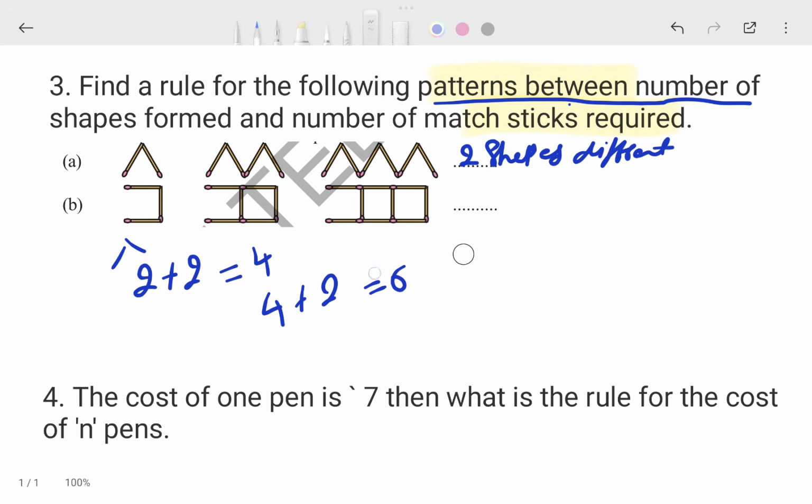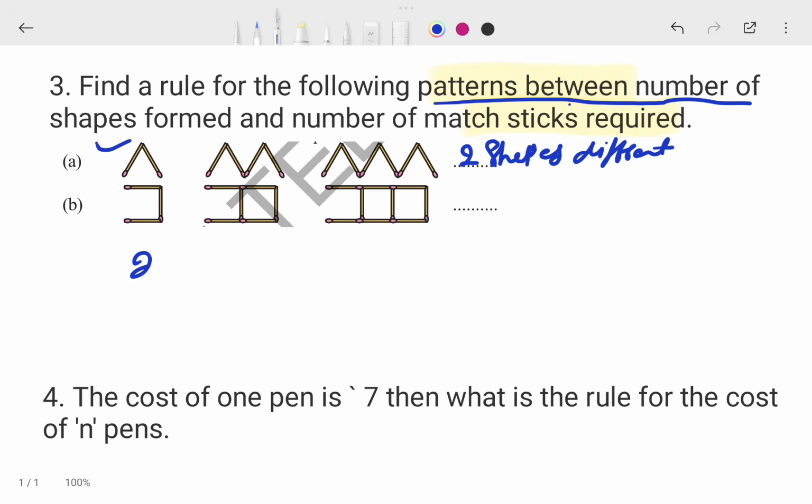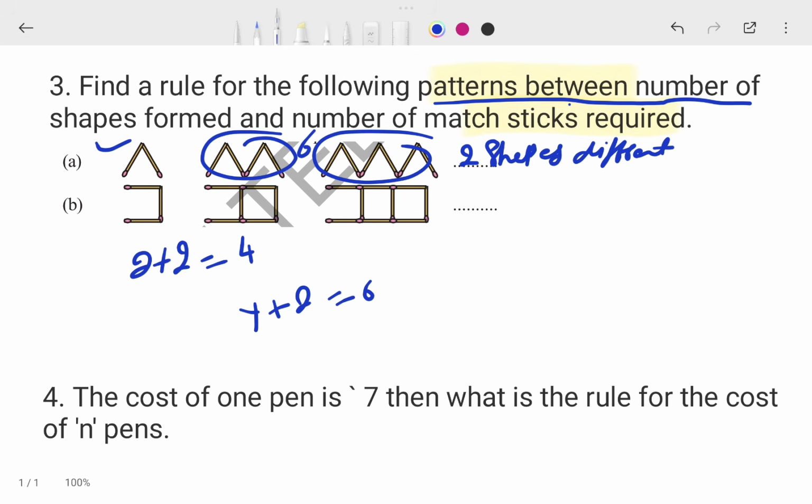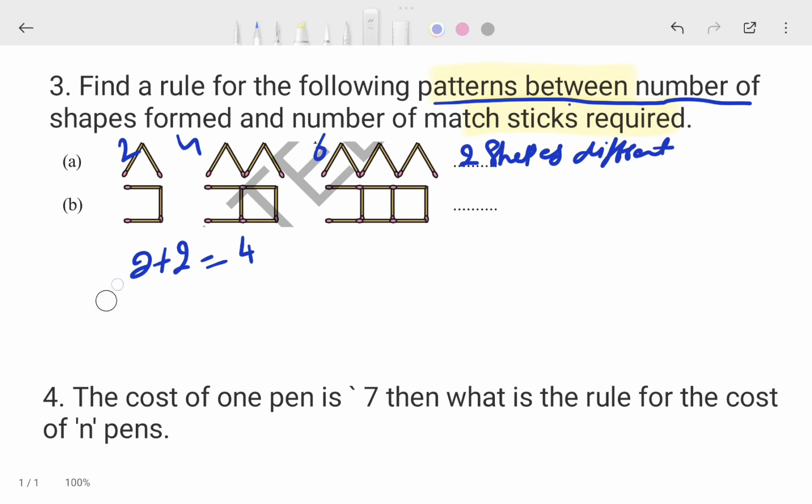Why? Because if you see, there are 2 matchsticks. If you add 2 to this one, it becomes 4. If you add 2 to the 4, it becomes 6. Generally it goes like that: 2, 4 and 6. Right, so let's observe the second pattern.